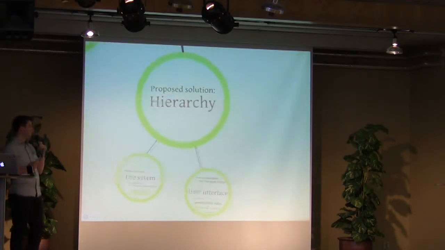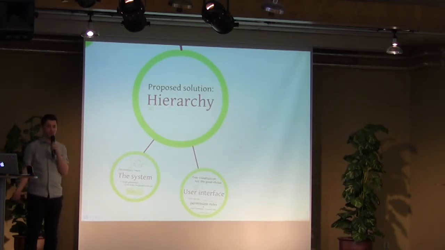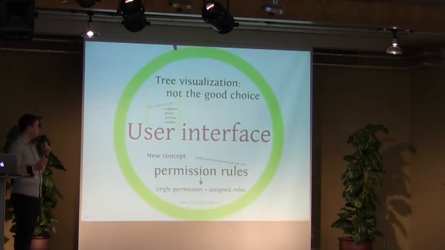because the hierarchical system itself will result in a lot of permissions, because I talked about fine-tuning, so that means we're going to have more permissions in core. So somehow we really need to strip it down. So therefore, the idea is using a new concept.